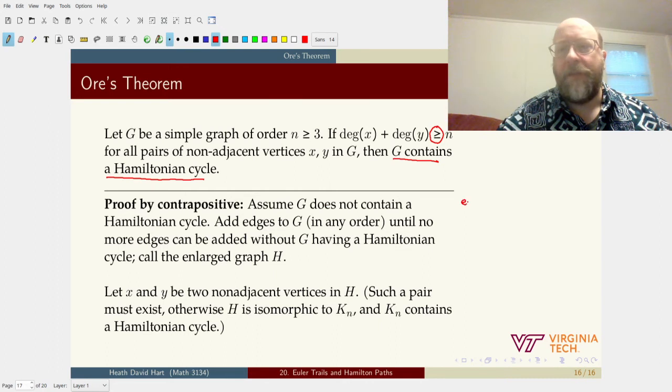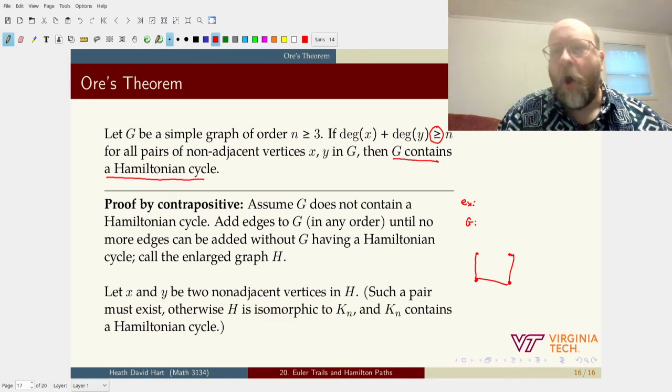So as an example, if my graph G had, say, these 4 vertices in it. Now remember, a Hamilton cycle has to contain all of the vertices and come back to its starting point.